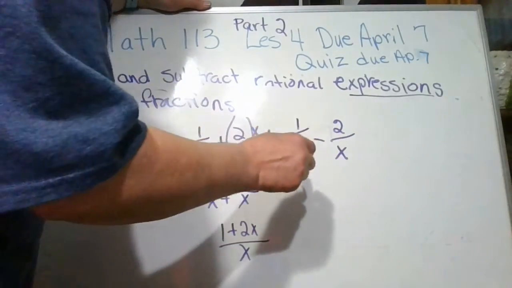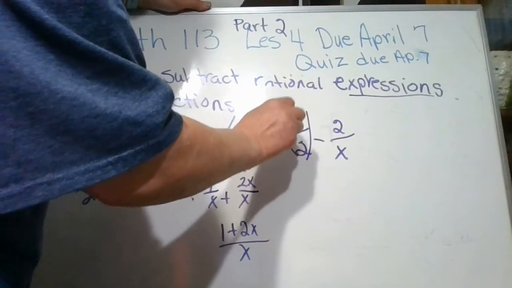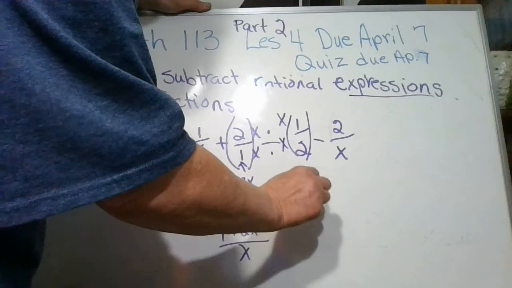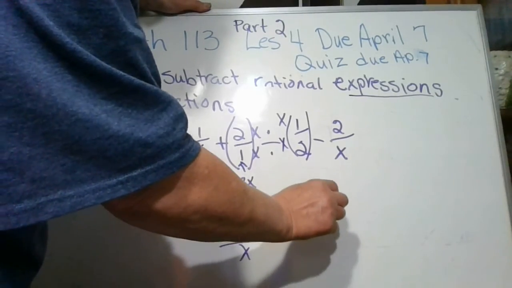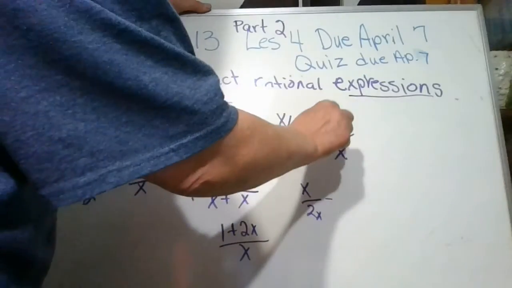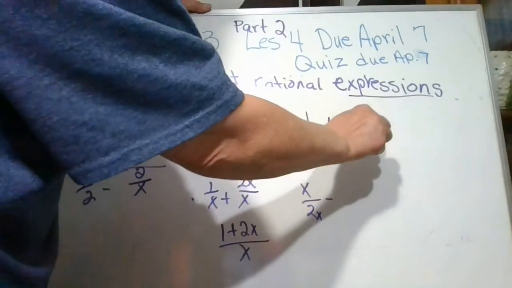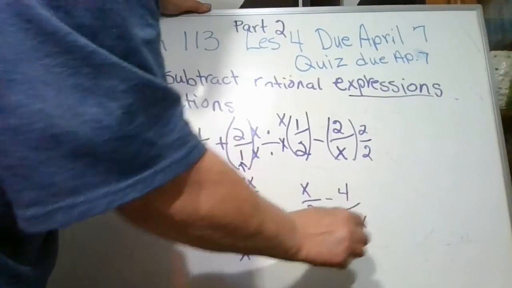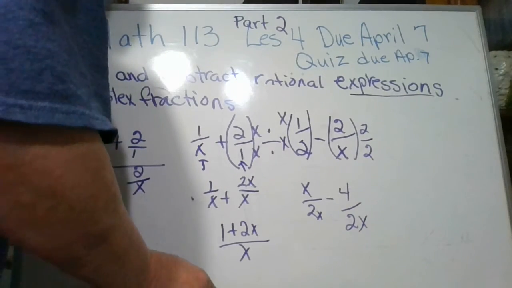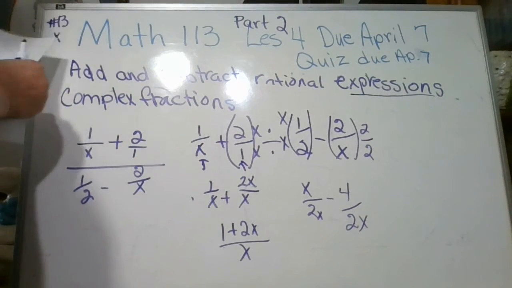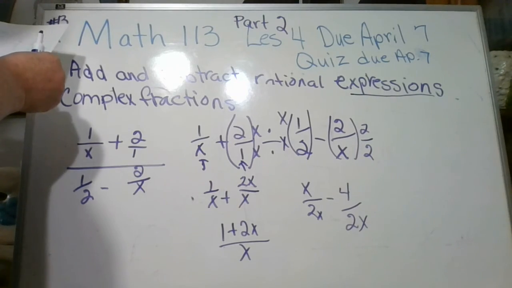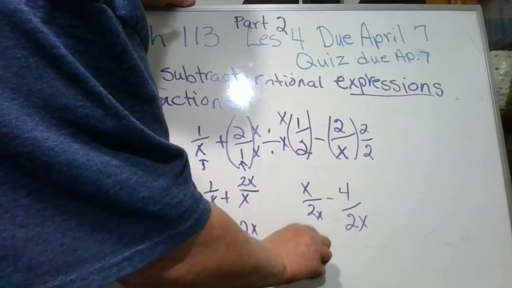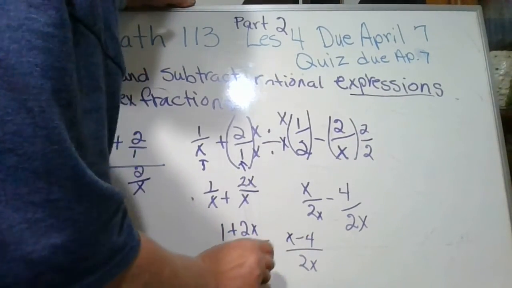So on this side, looks like I'm going to have to multiply this guy by x over x, which is going to give me x over 2x minus, and it looks like this side is going to have to be multiplied by 2 over 2. And then I'm going to have 4 over 2x. So I'm going to have x subtract 4 over 2x, and that's still divide.